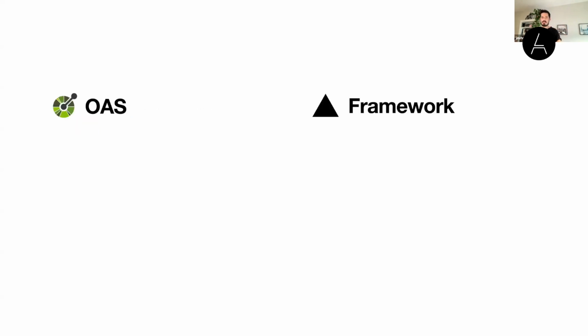So if you look at what the OAS specification gives you and what the framework gives you, you would see that we have endpoints of methods that can be expressed in the routes manifest.